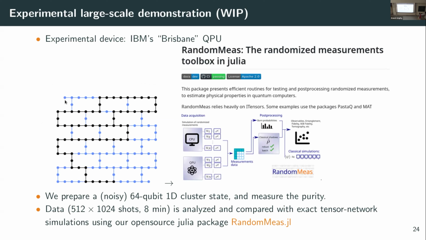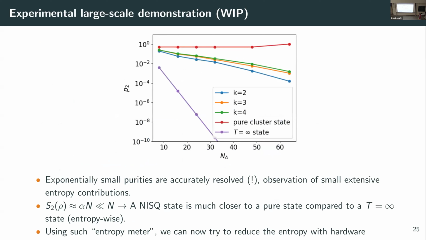So I just wanted to show that we did the experiment on IBM, and to give you an idea, we implement a 64-qubit 1D cluster state. And the goal was to try to measure the purity of this massive 64-qubit state. And this is a way to answer Antoine, how to try to see if the system has short-range correlations.